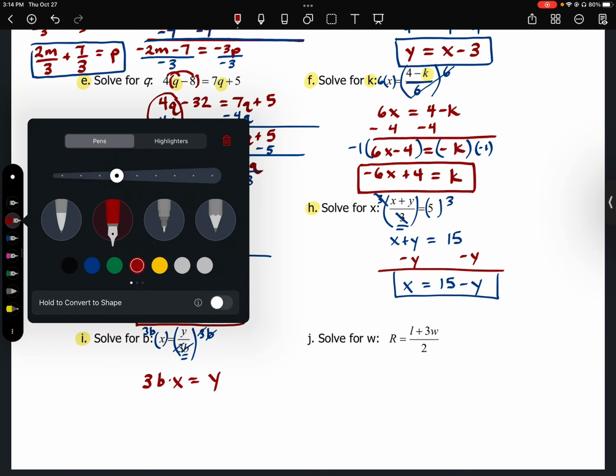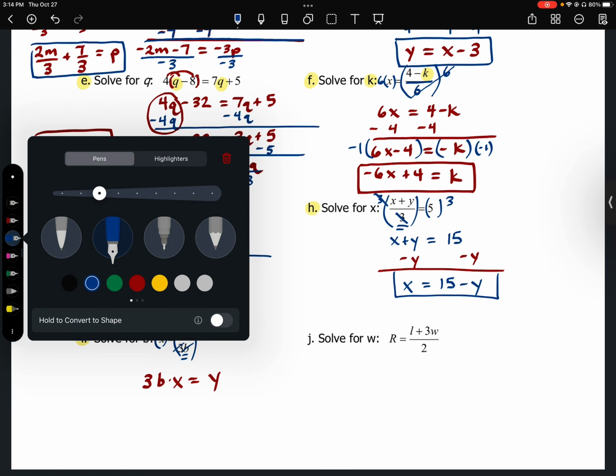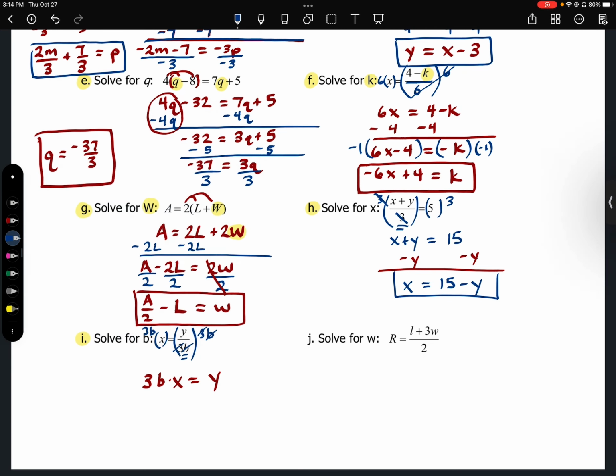And if we pay close attention, we've got b that we're trying to get by itself. It's being multiplied by 3 and x. So we can think of this as a 3x times our b. So if we wanted to get rid of that, we could always just divide it by a 3 and an x. So that's what we're going to do here. We're going to divide this by a 3 and an x, which would cancel those out, leaving us with just b.